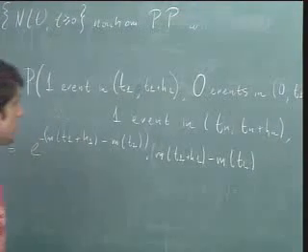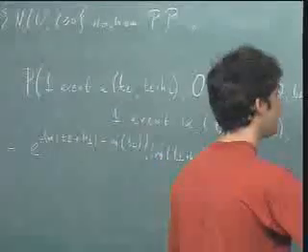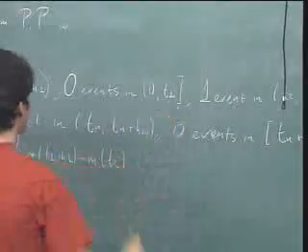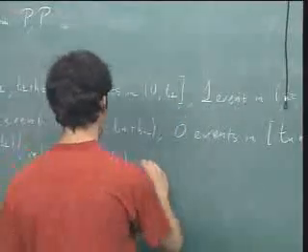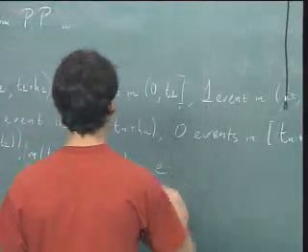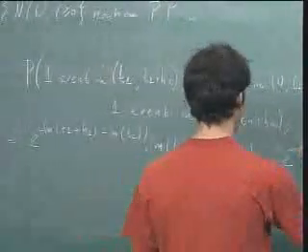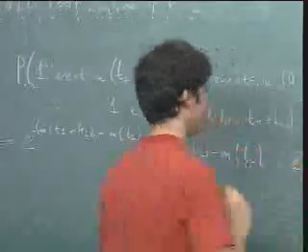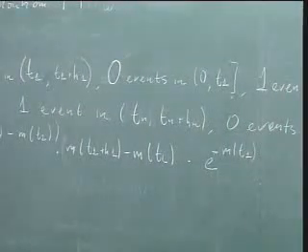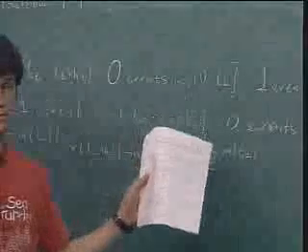Okay? Now, what is the probability that we get 0 events in this time window? Well, this is just e to the minus m of t1. Okay? So now let's do the same thing for the second event.